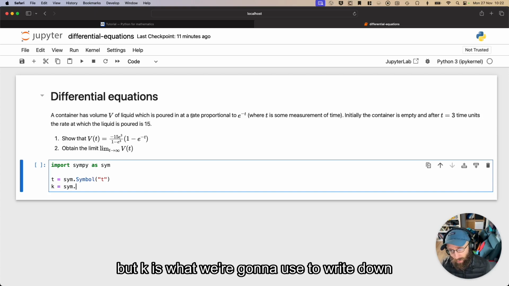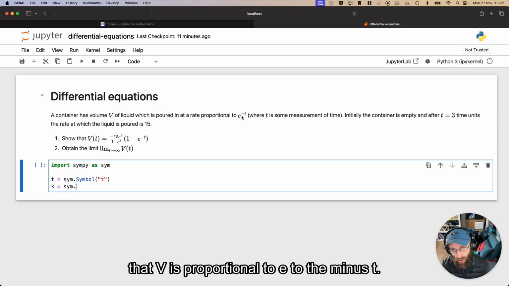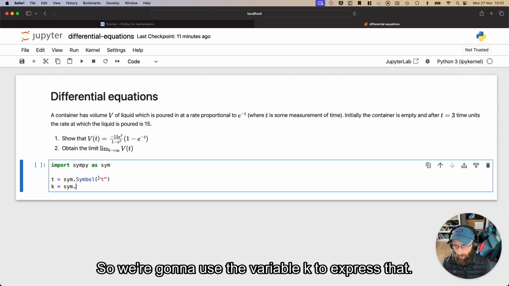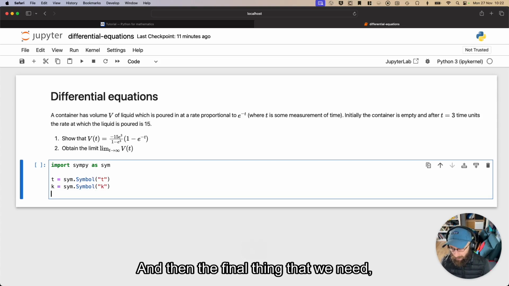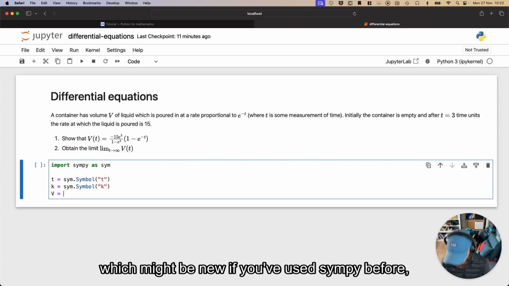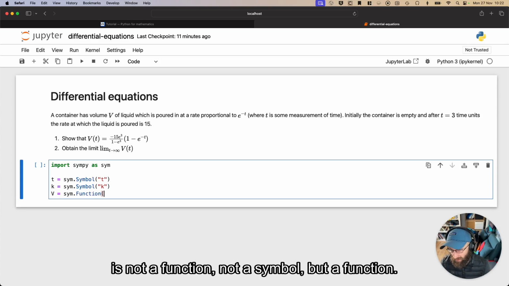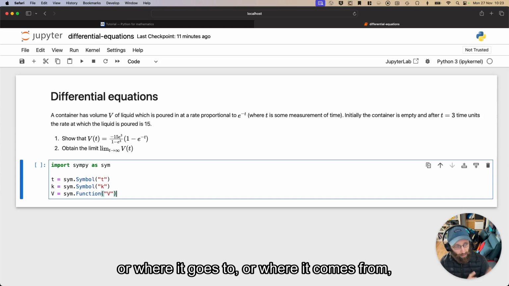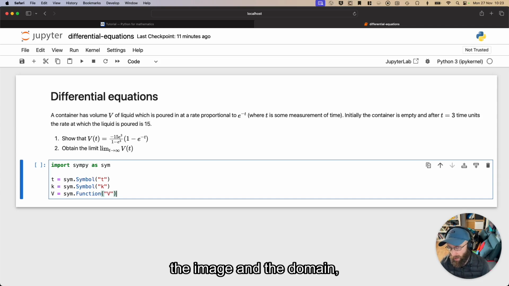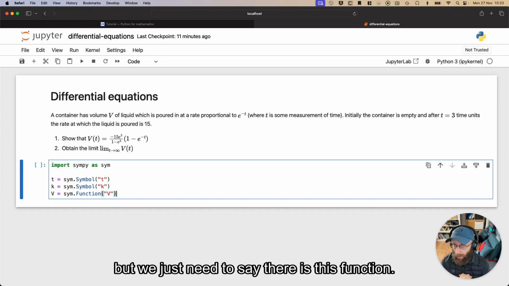But k is what we're going to use to express that V is proportional to e to the minus t. And the final thing we need, which might be new if you've used SymPy before, is not a symbol but a function. So we're going to write down that V is a symbolic function. We don't have to say what it's a function of, or its domain and image, we just need to say there is this function.